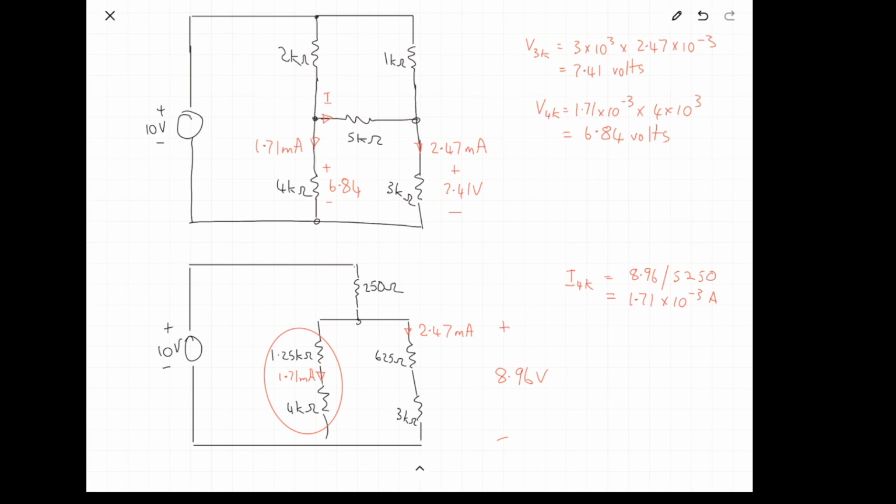And if we look at this circuit now, we can actually draw a loop around the bottom three resistors and apply Kirchhoff's voltage law. So we can do it like that.